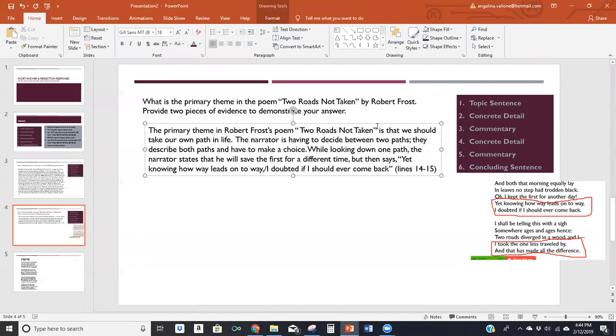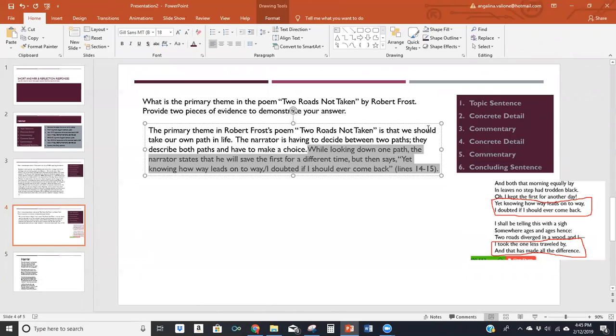I don't need to say Robert Frost or The Road Not Taken because I've already said that in my topic sentence. I just need to state where it came from. It's lines 14 and 15 when we're talking about poetry. So this last full sentence introduces my quote, and then it gives my direct quote, and that works as my concrete detail.